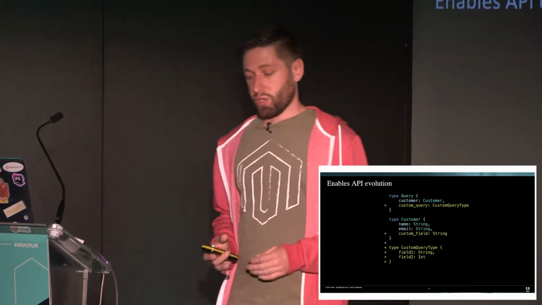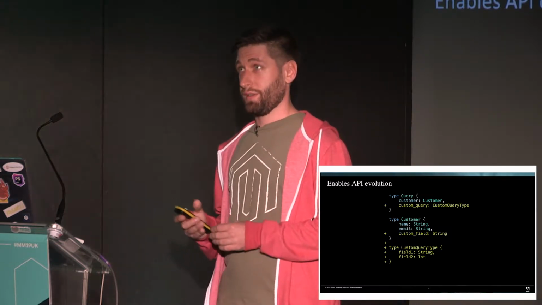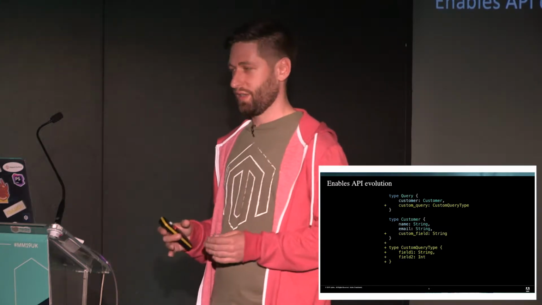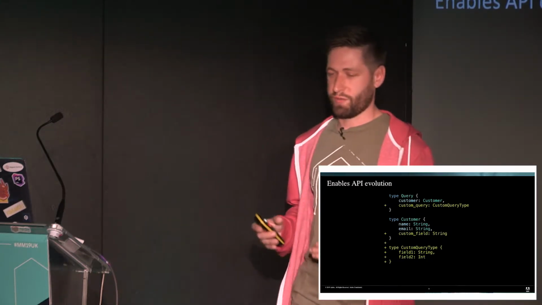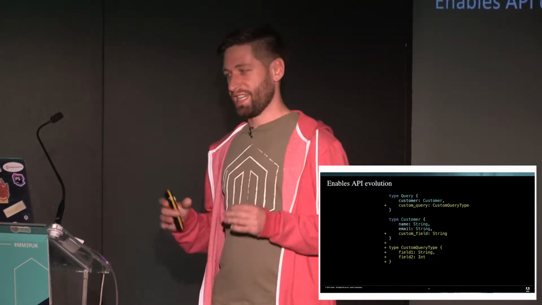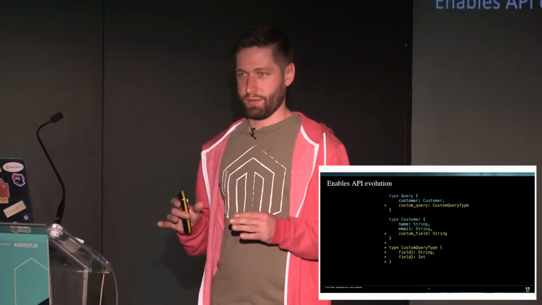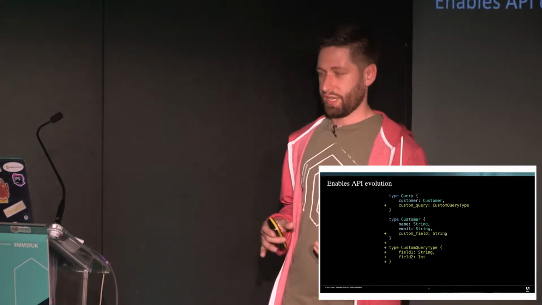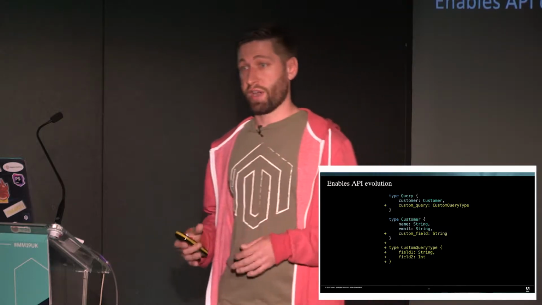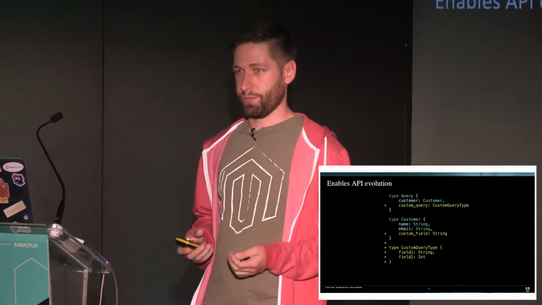Because the client of the GraphQL API is obliged to specify the fields that it would like to get, it's really easy to update the GraphQL schema by adding another field without requiring an update of the API version.